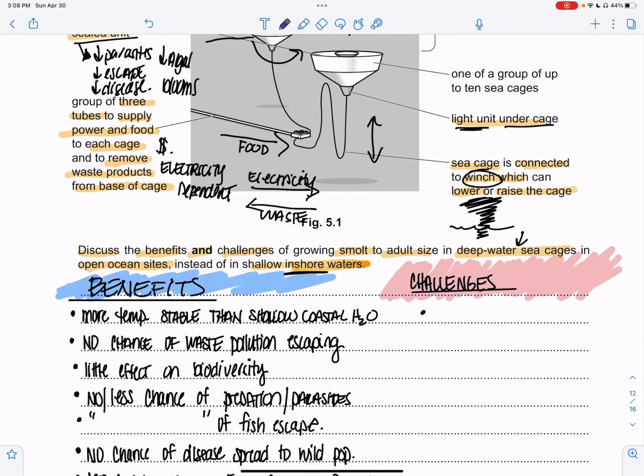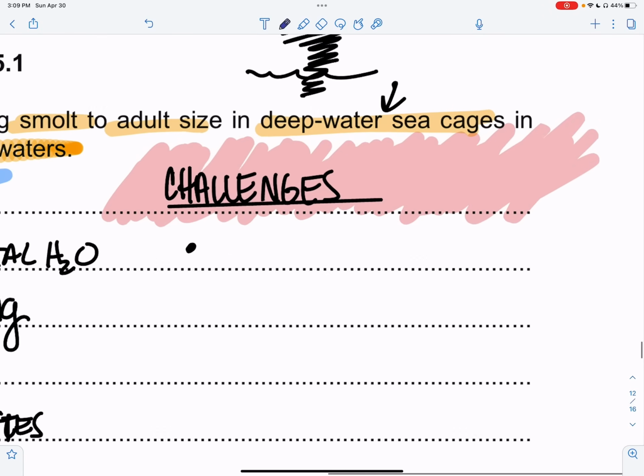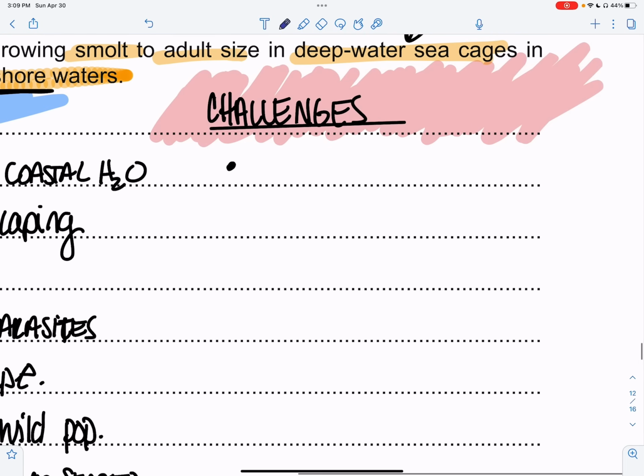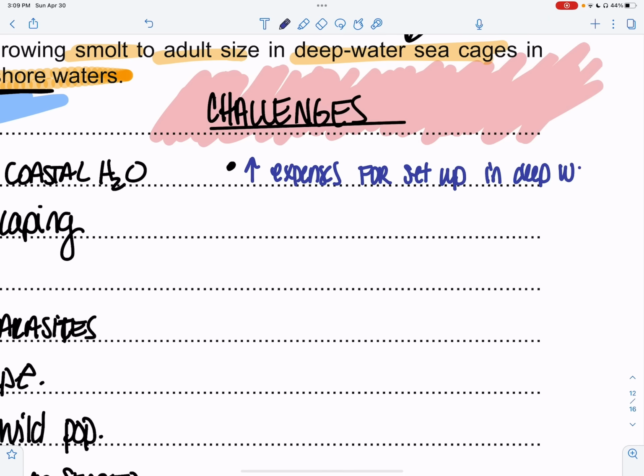Okay, so initially this whole thing looks extremely expensive. That's something that I see. Very expensive and very reliant, not reliable, but reliant on making sure electricity doesn't fail. So there is increased expenses for setup in deep water or the open ocean.